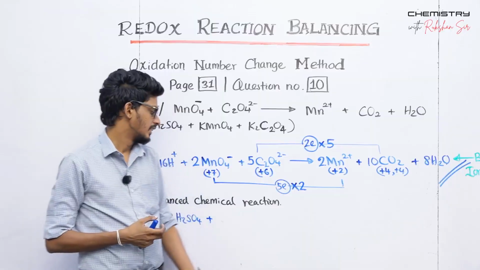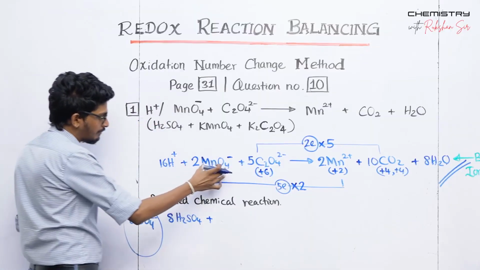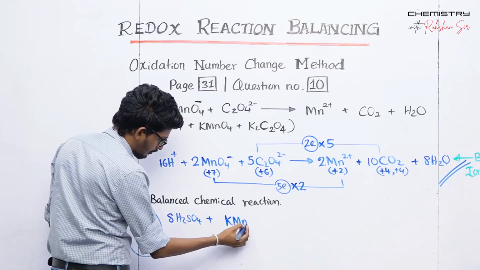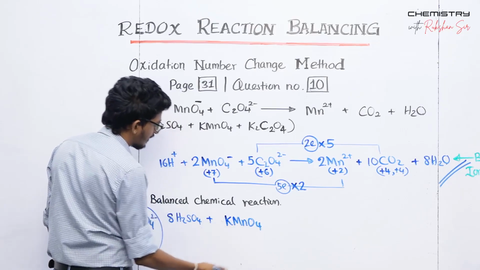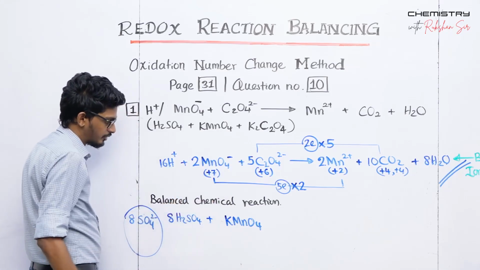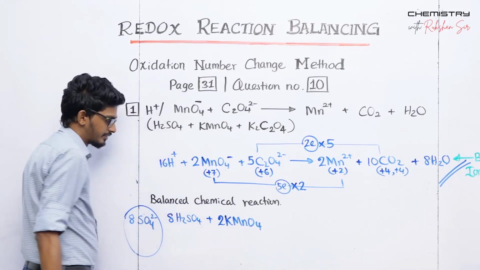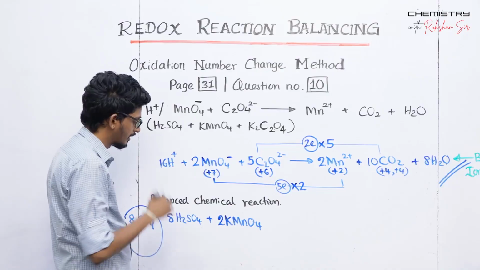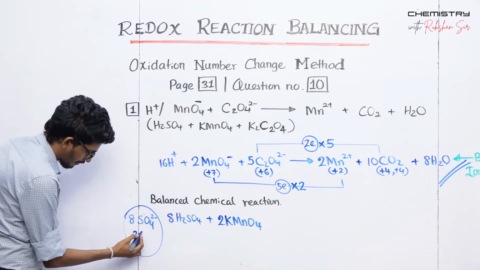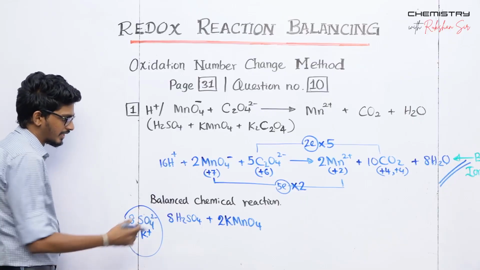Okay, right. So to provide the MnO4 minus ions, you can use KMnO4, because the KMnO4 is used to provide the MnO4 minus ions. That is what the question says. So to provide 2 MnO4 minus ions, you need 2 KMnO4s. So you had added 2 K pluses by hand. It should be added to the other side as well.